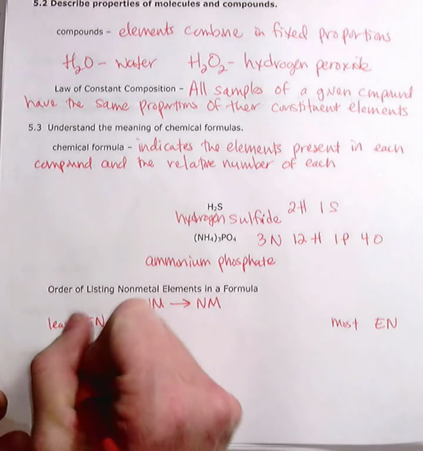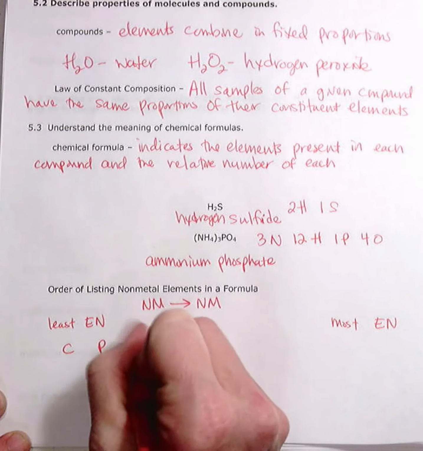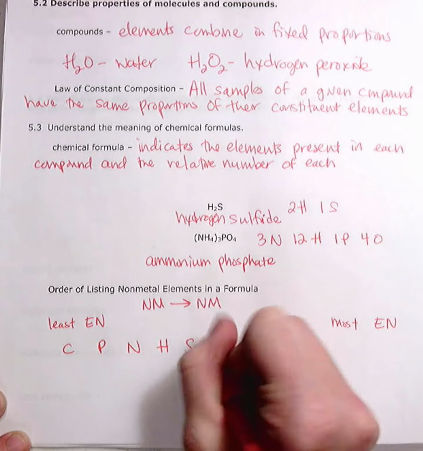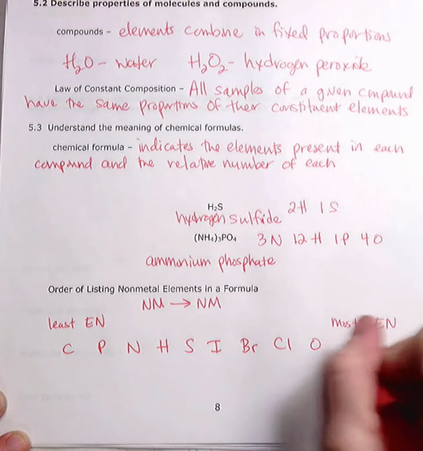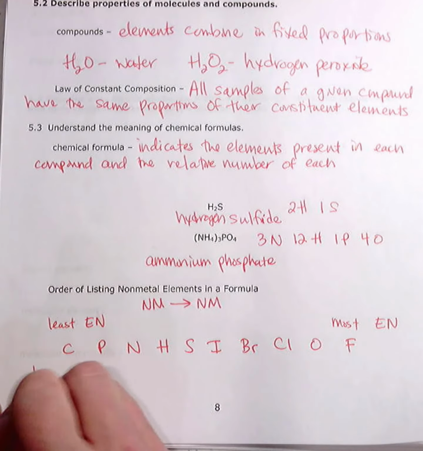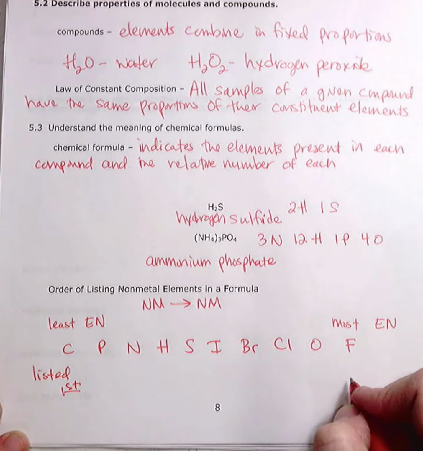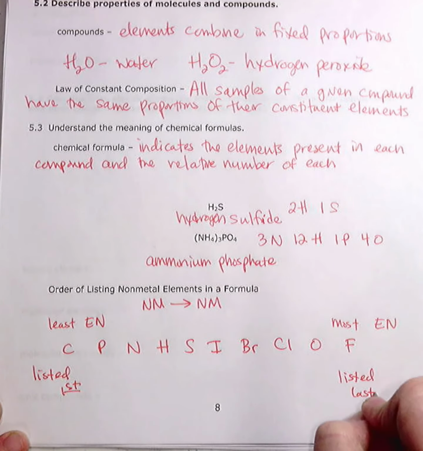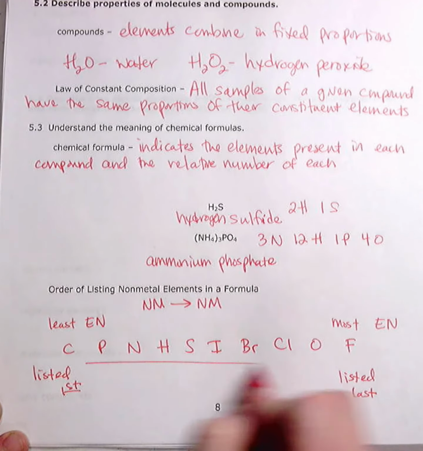Okay, so it goes from carbon, phosphorus, nitrogen, hydrogen, sulfur, iodine, bromine, chlorine, oxygen, fluorine. So the guys on the left would be listed first. The guys on the right would be listed last. Okay, so it goes in this order.